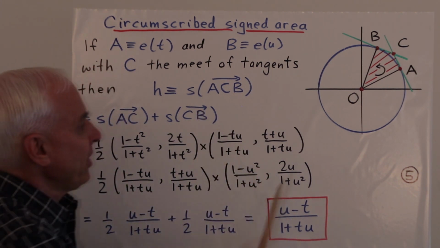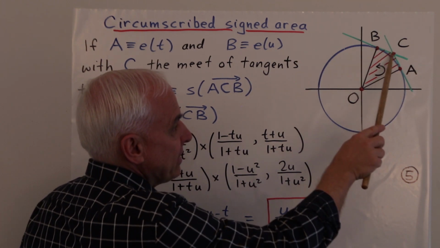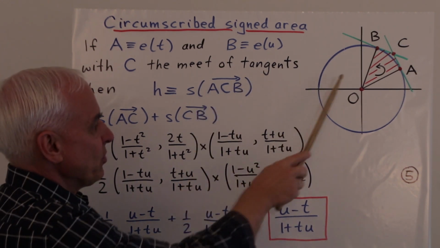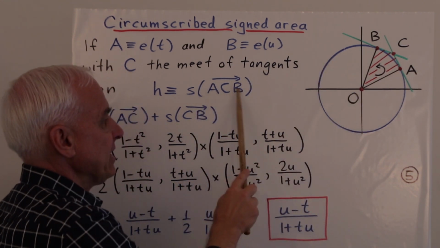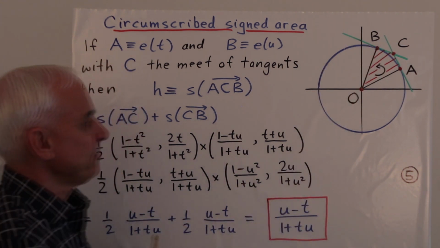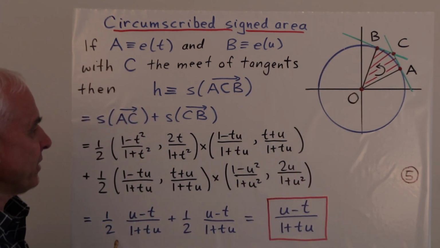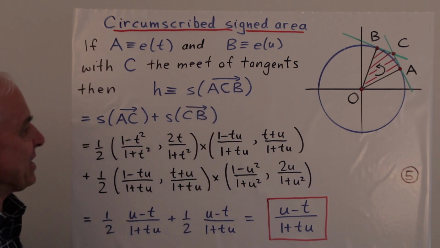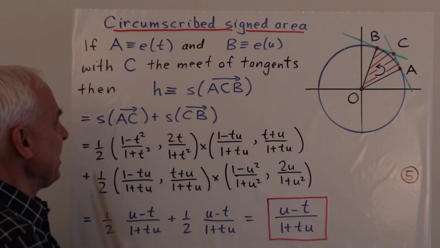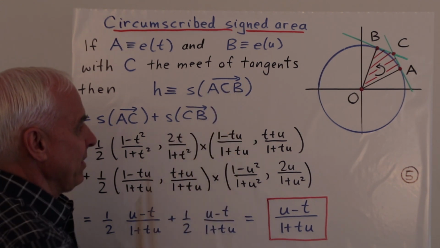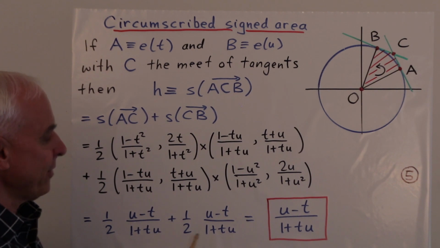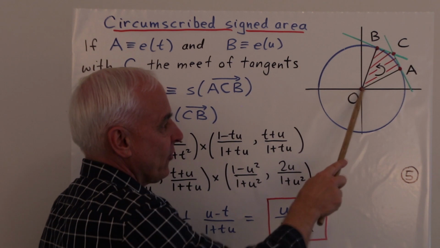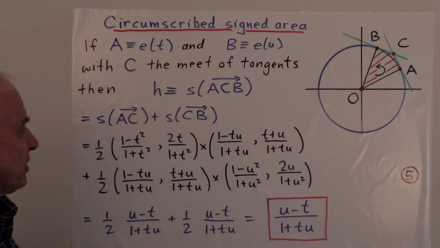And so now we're going to consider this quadrilateral ACBO, or in terms of splines, we're going to look at H, which is the signed area of the spline ACB. According to the definition of the signed area of a spline, it's the signed area of AC plus the signed area of CB. Each of those we know, because we know the coordinates of these points, so we just take cross products of vectors.